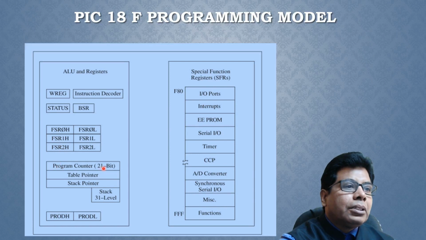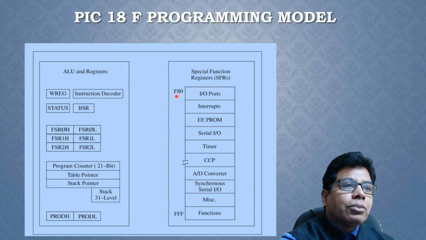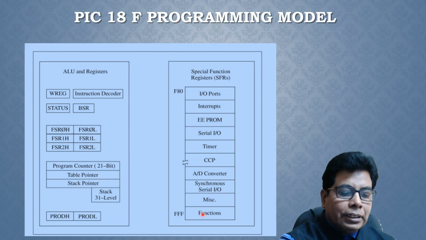Then we have the program counter, which is 21 bit, then table pointer, stack pointer, and on this side we have the special function registers, that is for IO ports, interrupts, EEPROM, then serial IO, then timer, CCP, then A to D converter, synchronous serial IO, and miscellaneous functions. So that will be starting from F80 to FFFH in the data memory. So we'll see the details of each of them.